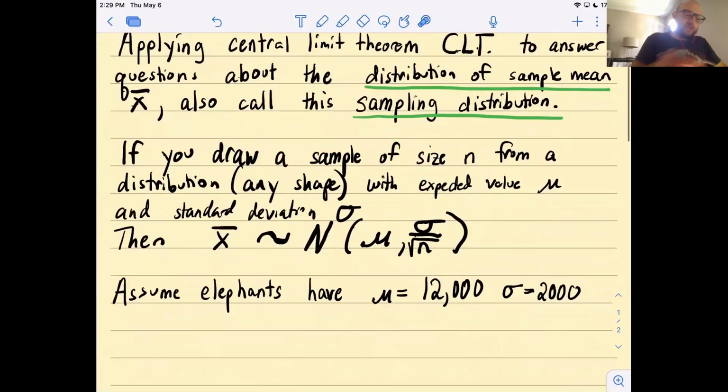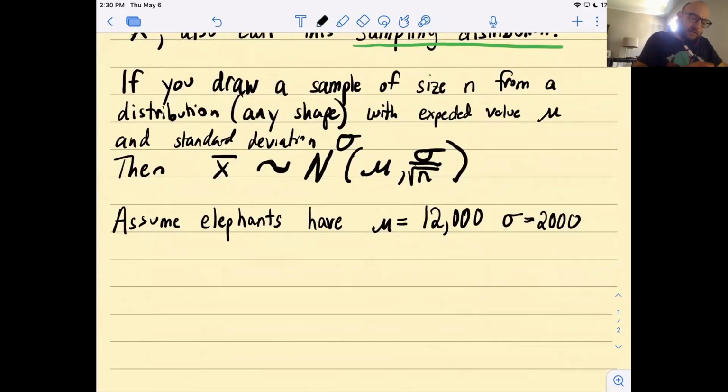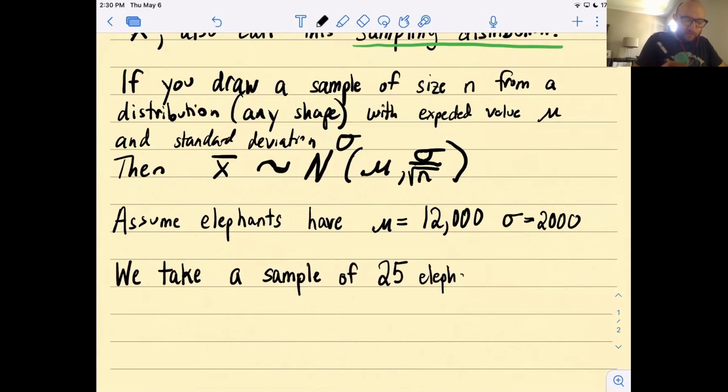Okay, so we take a random sample of 25 elephants and calculate X bar.